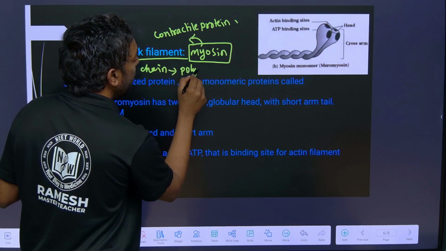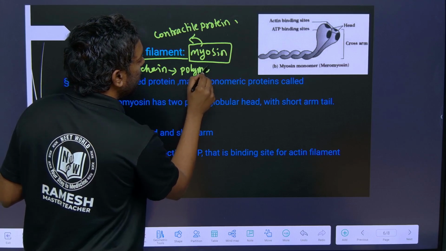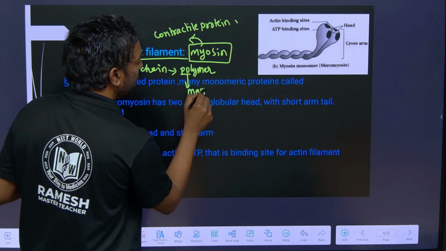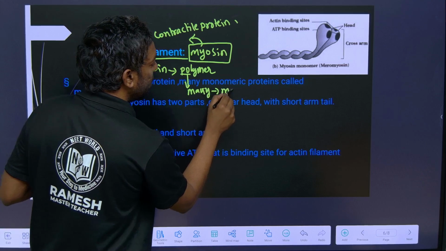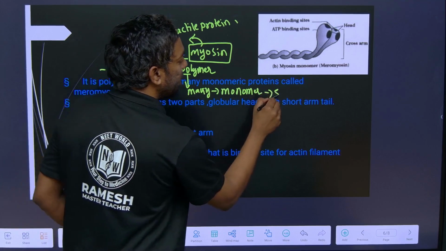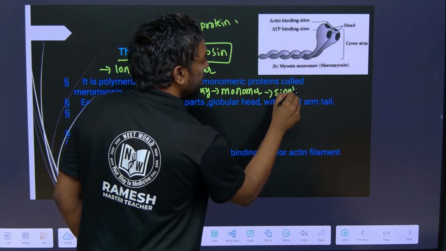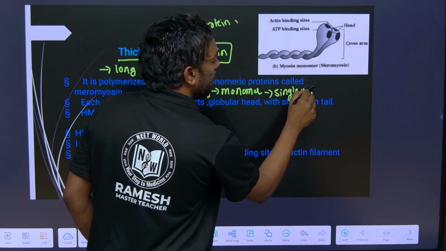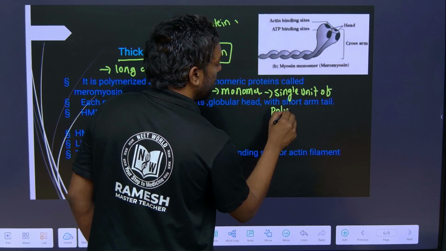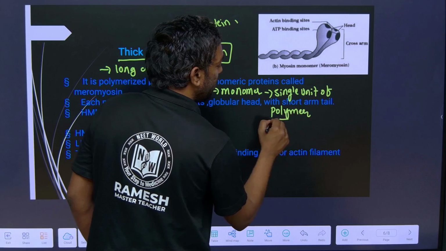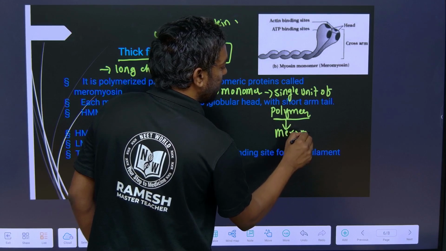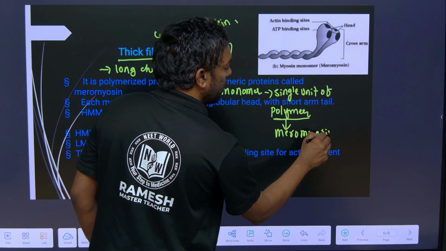Poly means many, so a polymer has many monomers. A monomer is a single unit of the polymer. This single unit is called meromyosin. Got it?